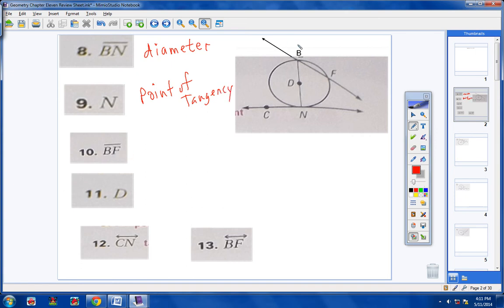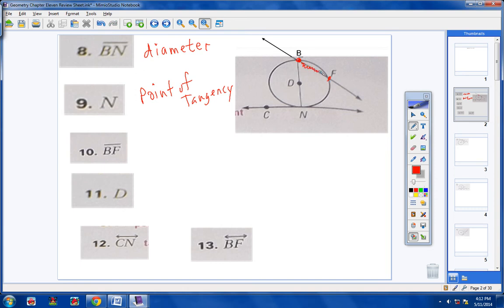Now segment BF. Remember, please listen to me carefully. Notice number 10 is not saying line BF. There's a segment right here. It's segment BF, and so it's referring to the segment from here to here and nothing else.